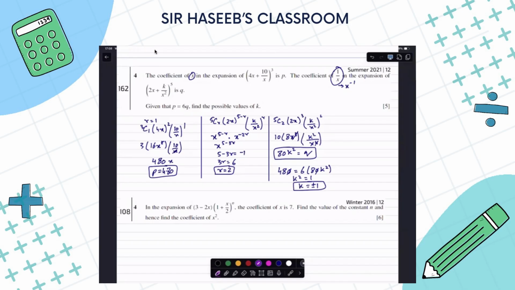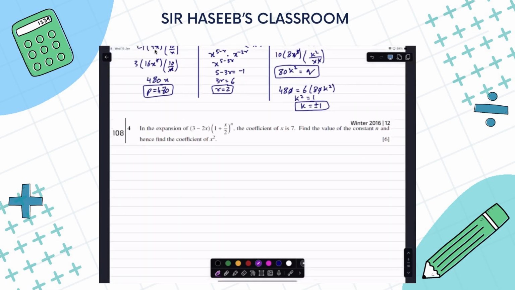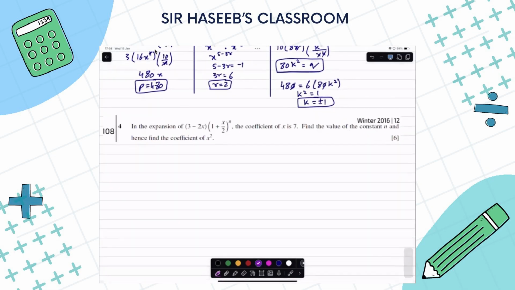So let's look at this one. That in the expansion of (3 minus 2x) into (1 plus x upon 2) power n, the coefficient of x is 7.